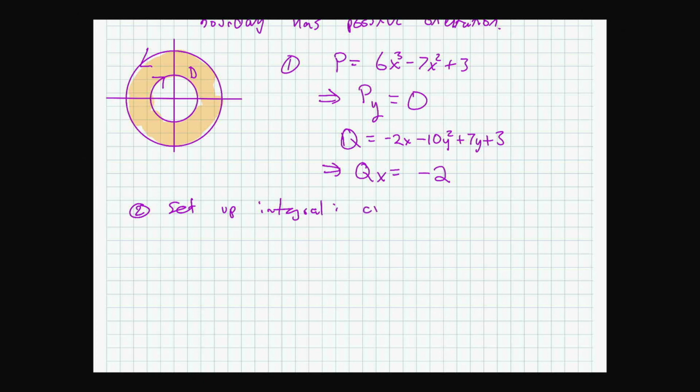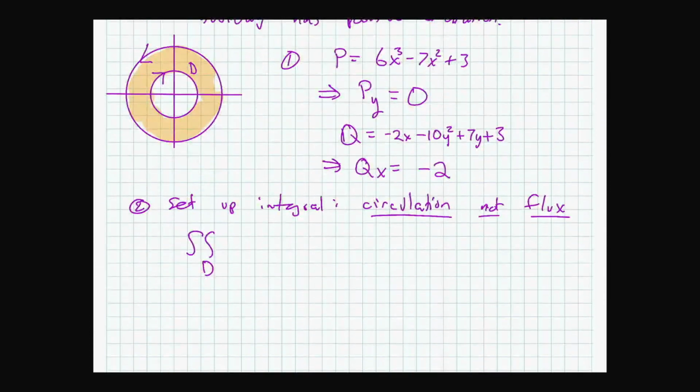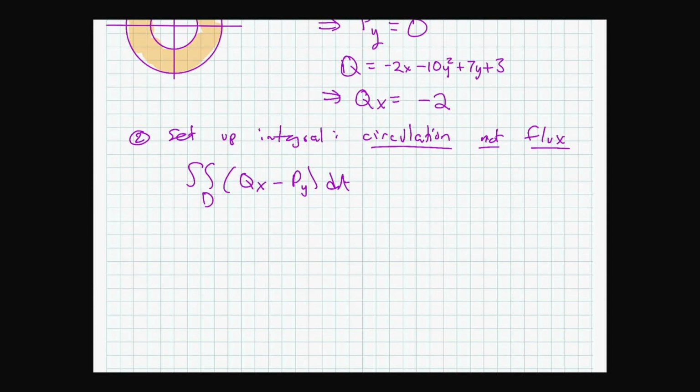It's circulation, not flux. Okay, so we know we should be setting up the integral over, in this case, D, double integral over D, and it should be the one that we have here, qx minus py dA.